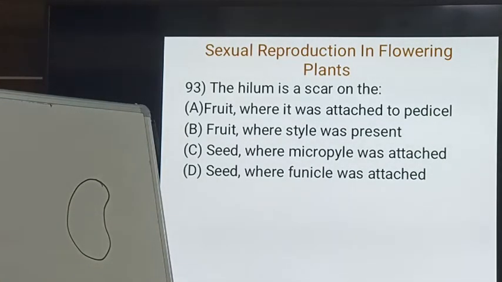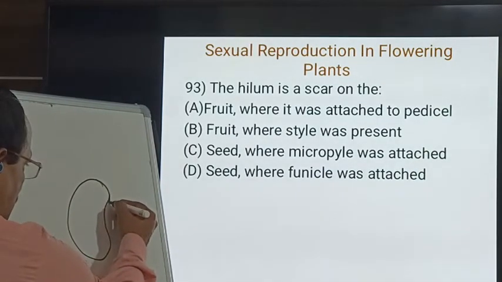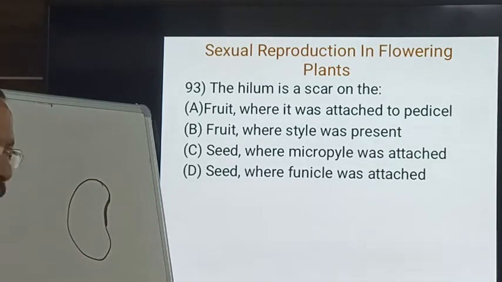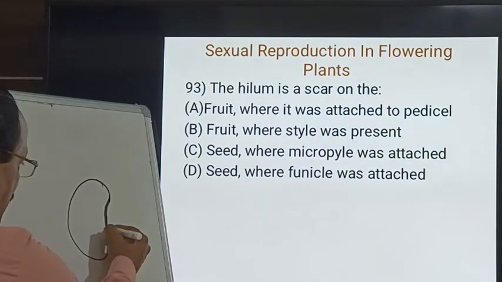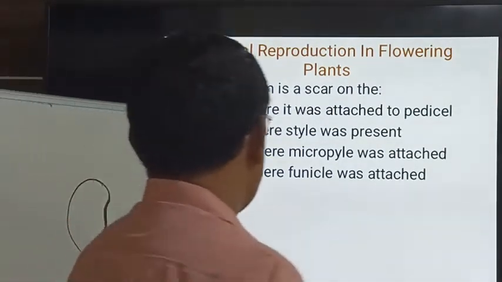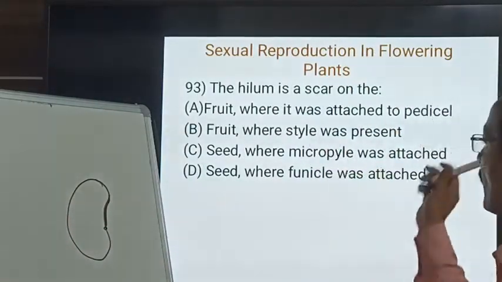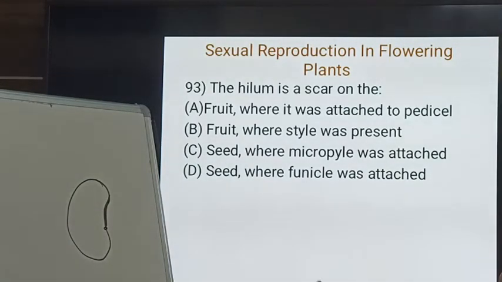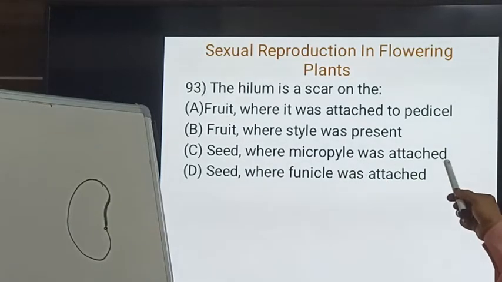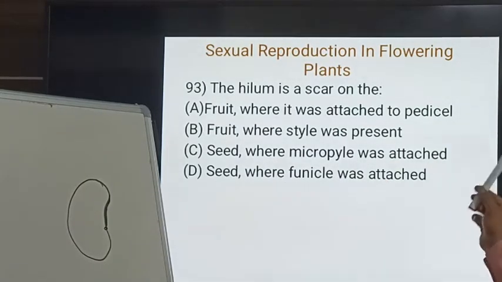When you carefully observe this seed, there is a whitish scar here, and this represents the hilum. And there is a tiny aperture which is the micropyle. So the question is, the hilum is a scar on the seed where the funicle was attached.